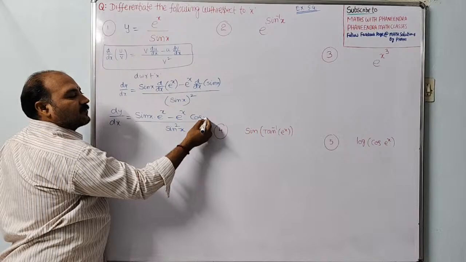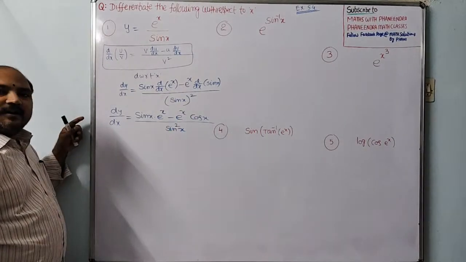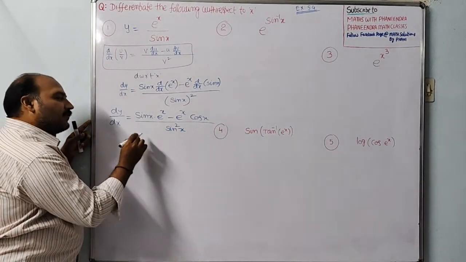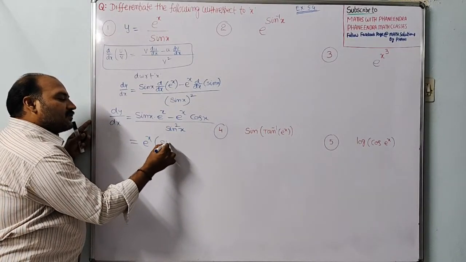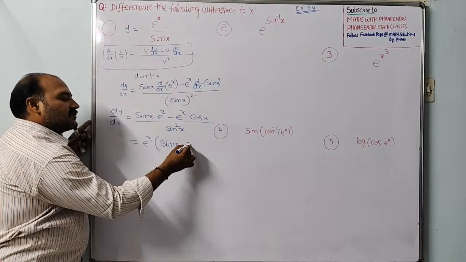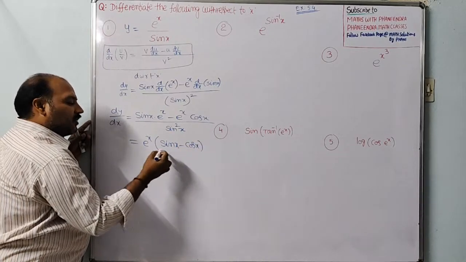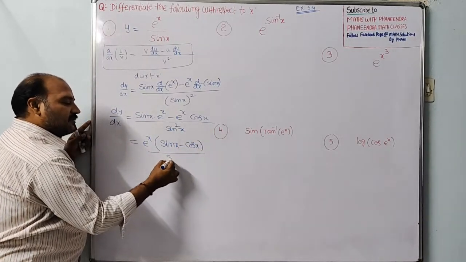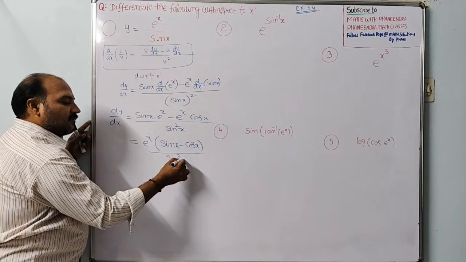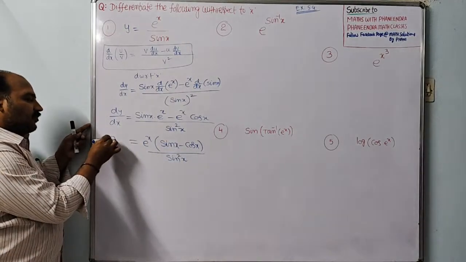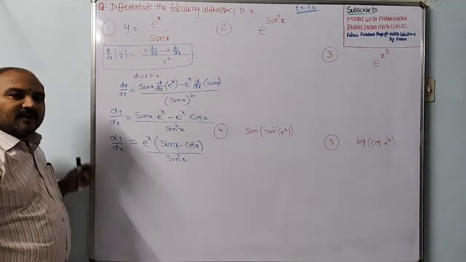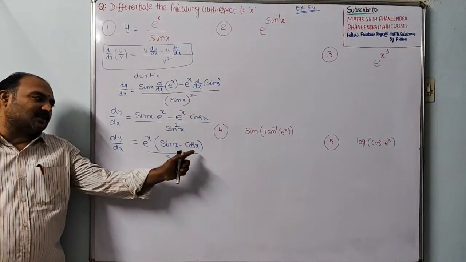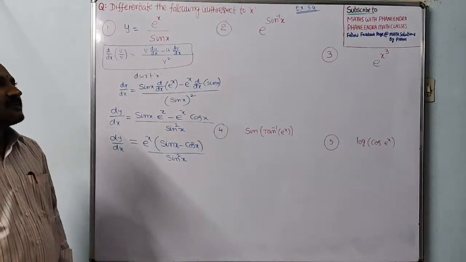So dy by dx is equal to sin x into e power x minus e power x into cos x, over sin square x. From the numerator take e power x common: e power x into (sin x minus cos x) divided by sin square x. Therefore dy by dx equals e power x into (sin x minus cos x) by sin square x.